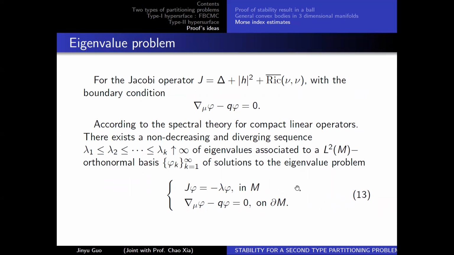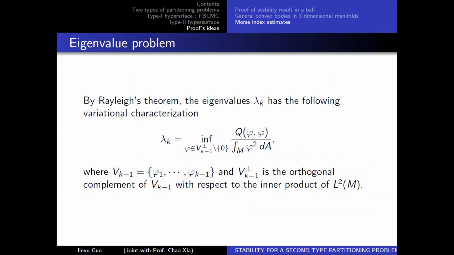By the Rayleigh formula, the eigenvalue lambda k has the following variational characterization in this way. And here V_{k-1} equals span of phi 1 to phi k-1, and V_{k-1} perp denotes the orthogonal complement of V_{k-1} with respect to the inner product of L2.